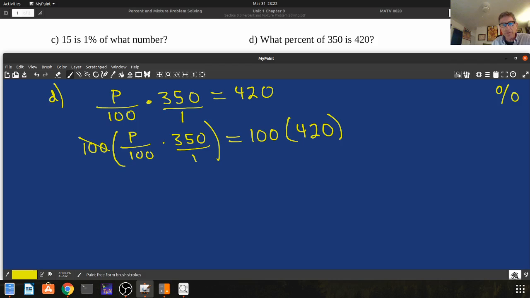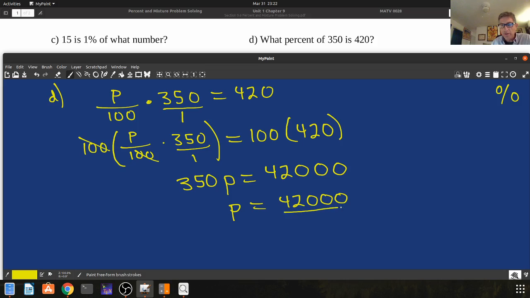So over here the 100s cancel out. So P times 350 divided by 1 is the same as 350 times P. And that's equal to 420 times 100. That's 420 with 2 extra zeros attached. So my value of P is equal to not 4,200, but 42,000 divided by 350.